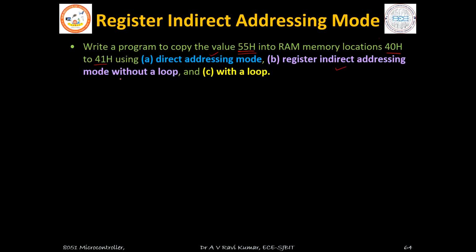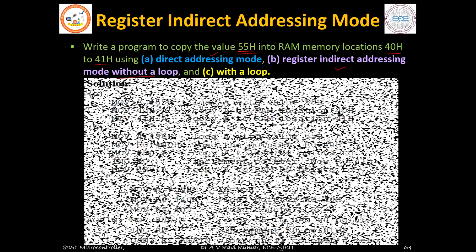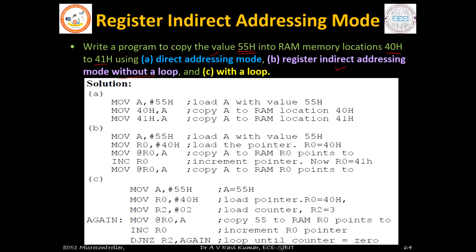So first we'll do it without looping. Here the value 55 I loaded into the accumulator. The first one, the value is put into 40H. It is very simple. It is direct addressing mode.